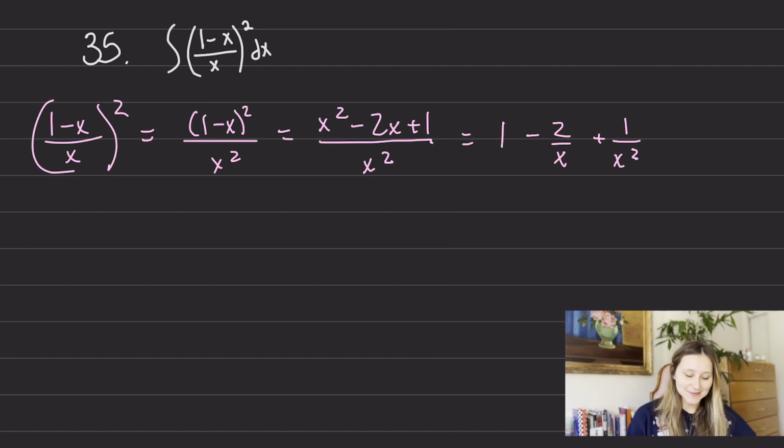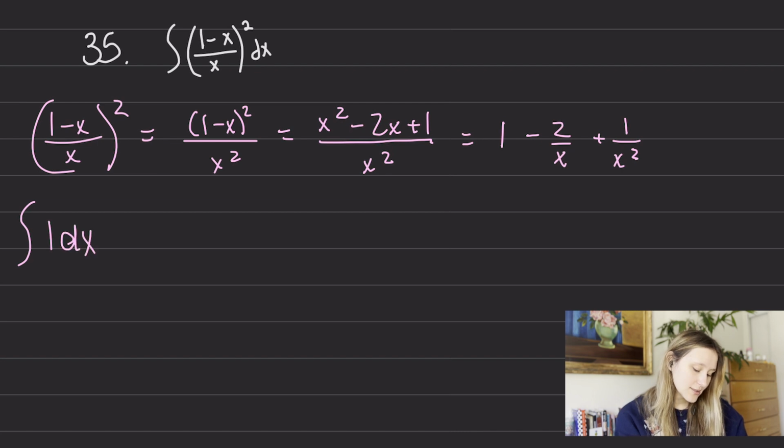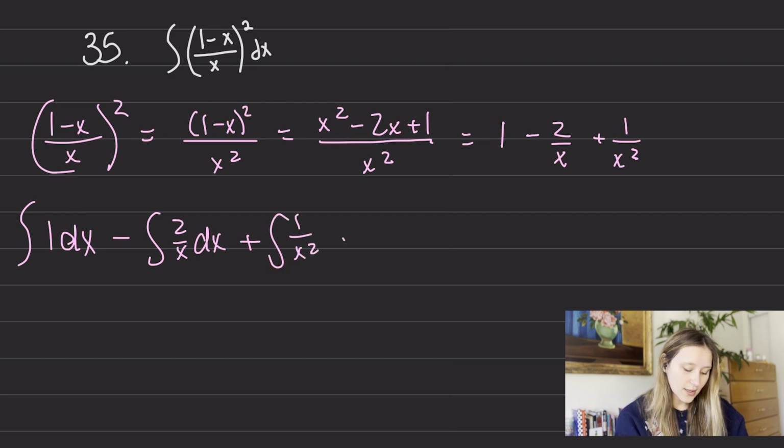We can do this. We get 1 dx minus 2 over x dx plus 1 over x squared dx.